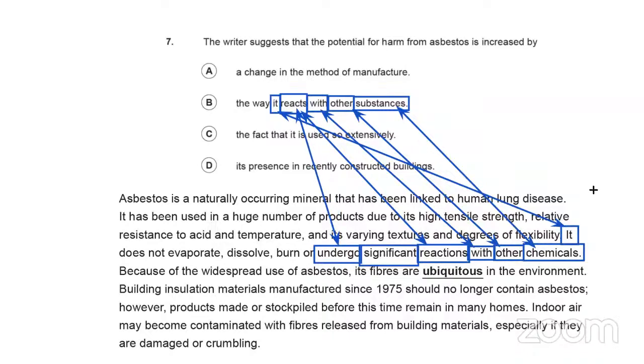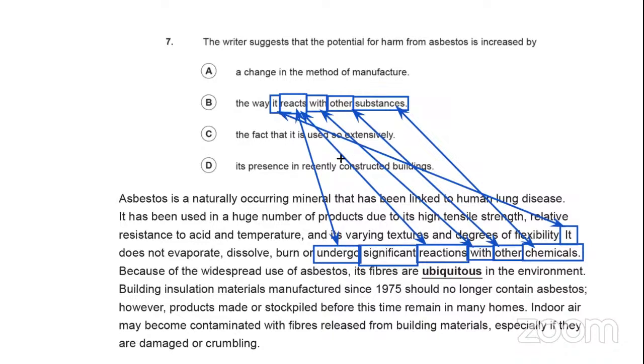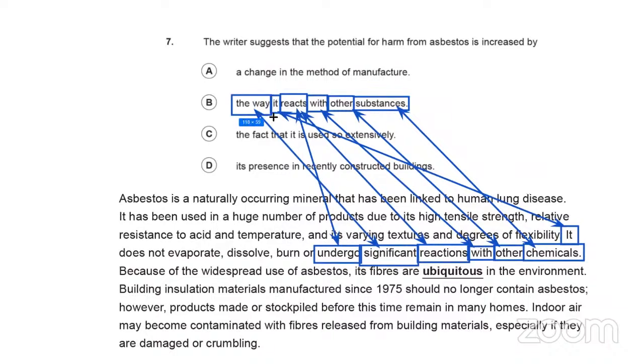Fine, we got it till there. The way it reacts. The way means the manner. The way we can say significantly it reacts. Okay. Now here, is this a positive sentence or a negative sentence?